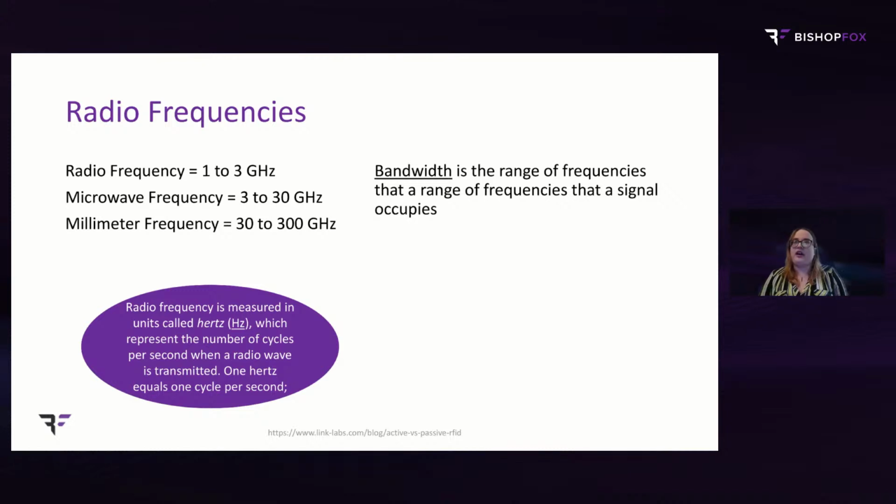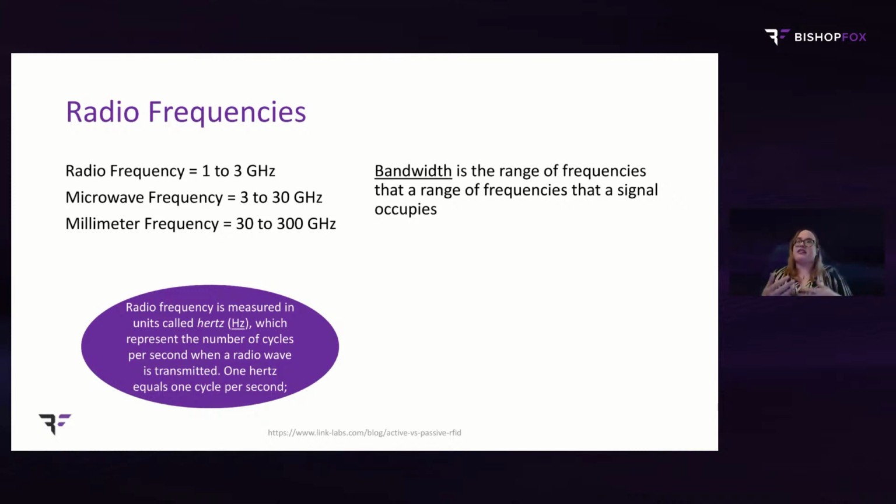So let's talk about some of the names or categories that we pointed out earlier. Technically, RF, or radio frequency, is 1 to 3 gigahertz. But in this conversation, we're going to be using it for everything, including microwave frequency and millimeter frequency.